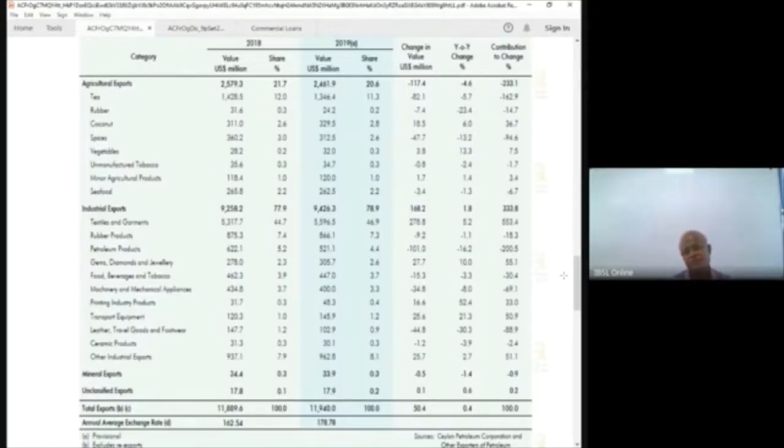What is important in this table is the total exports, 4 categories. In agricultural exports, tea dominates, value-added tea and raw tea.